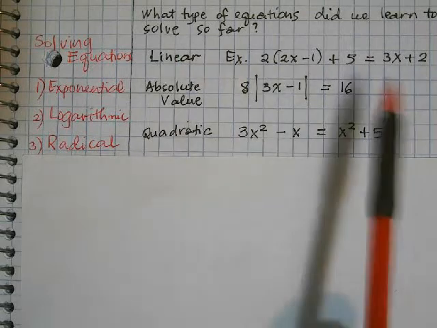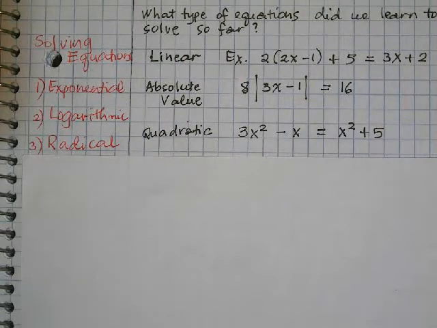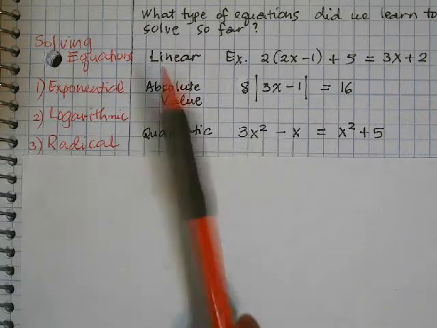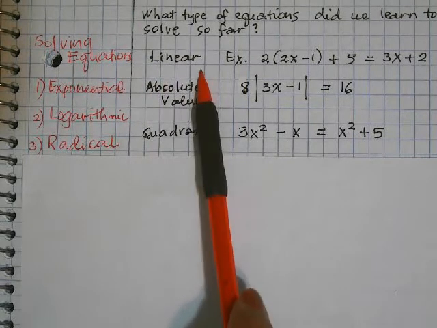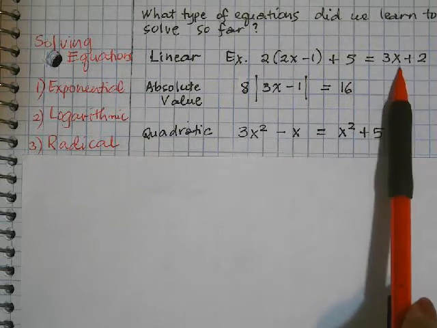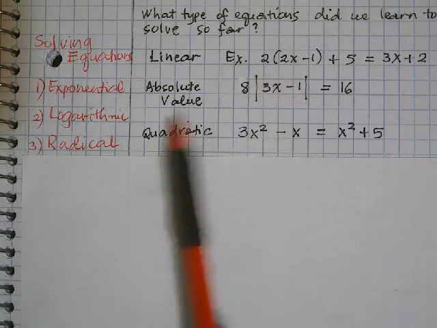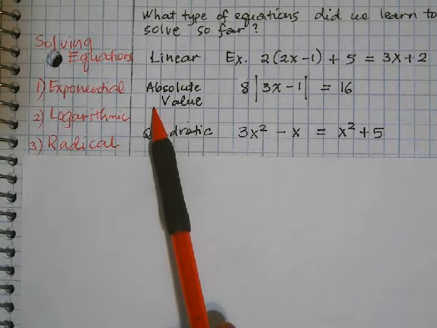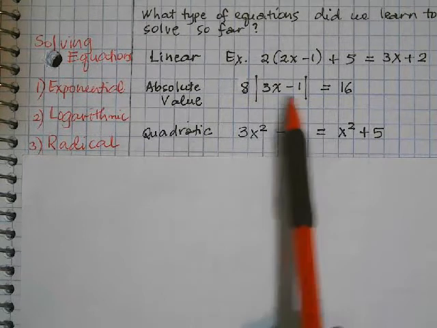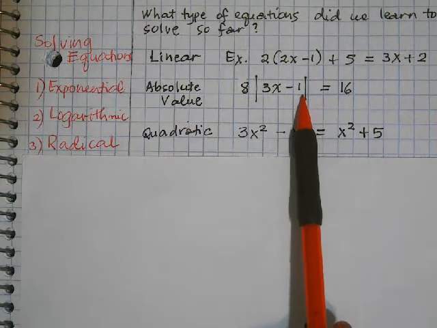So let's make a quick review of what type of equations we learned so far in the school year. We learned how to solve linear equations, something like this. I hope you know how to solve that. We also solve absolute value equations. This is an example.